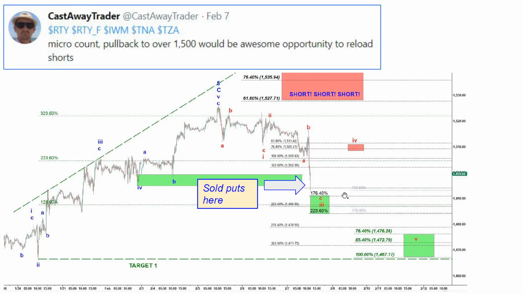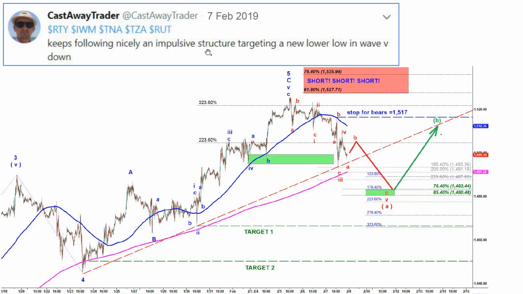So I sold them there, and I expected that the price would come back up to this point in corrective wave 4 up. And I figured that a pullback to over 1500 would be an awesome opportunity to reload shorts. So we got a move up here, and at this point I started to add my stinky bids again. I wanted to reload my puts.